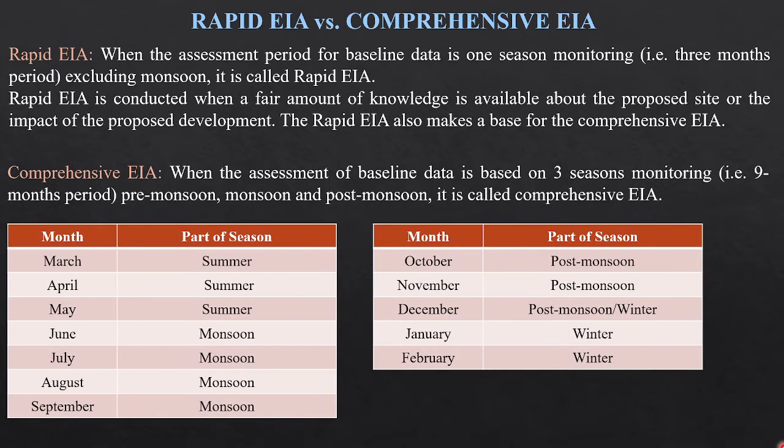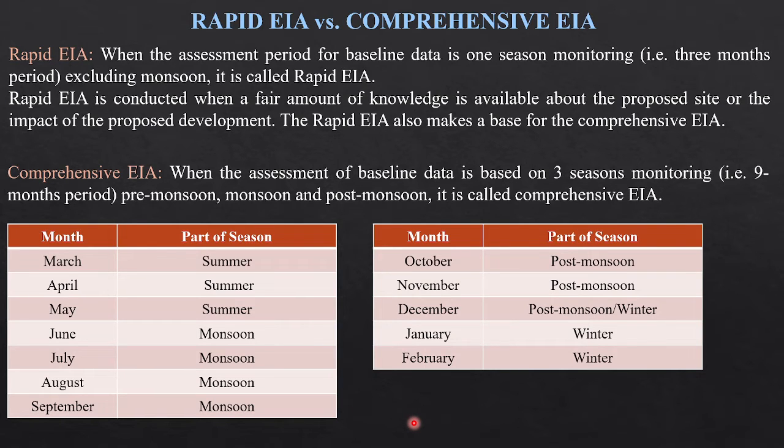So based on the previous data, the winter season will be December, January, February. Post monsoon would be October, November, December, and summer would be March, April, May. So if you consider this, then 4 months come as the monsoon period.